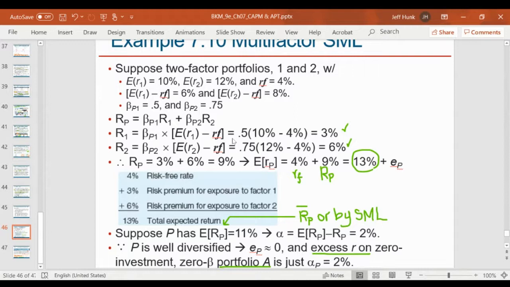Make sense? And whether it is single factor or multi-factor, the whole idea is, so you're buying, let's say on eBay, iPhone 8. I mean, this example gets weirder and weirder.